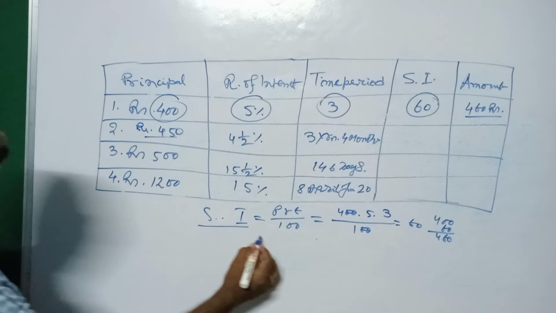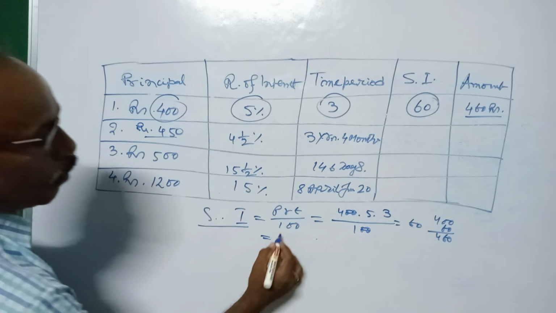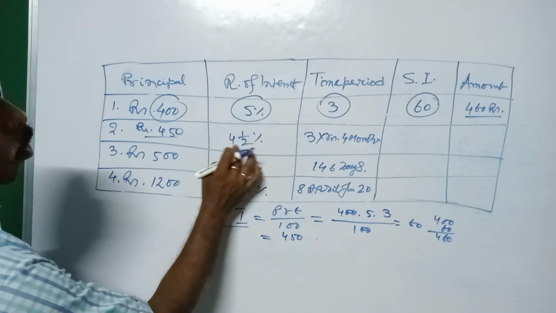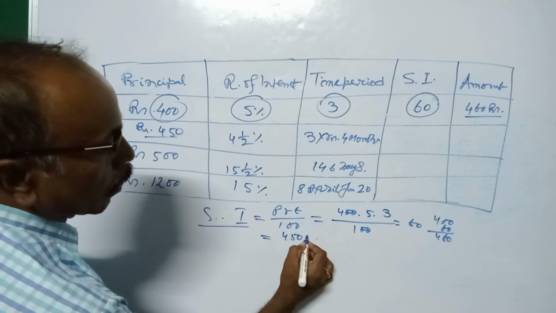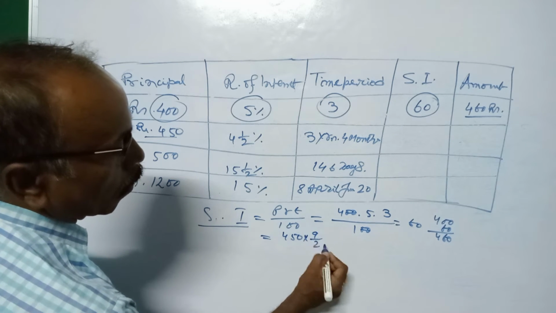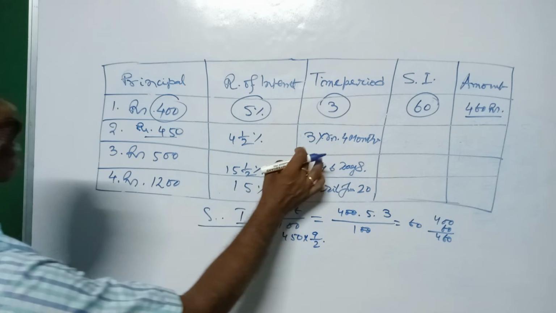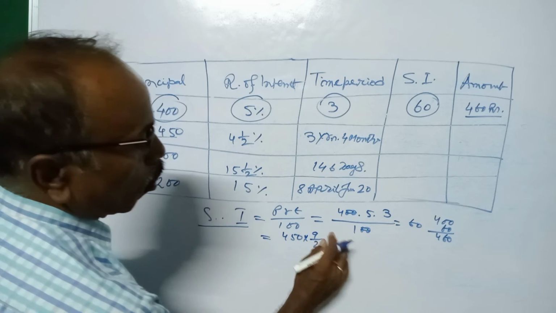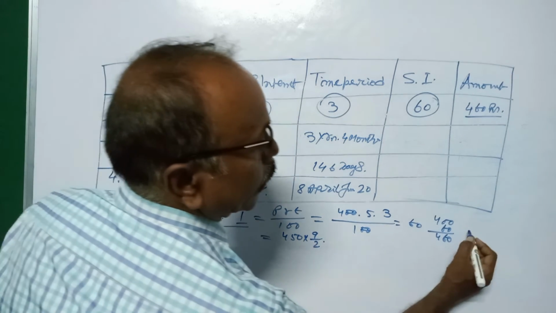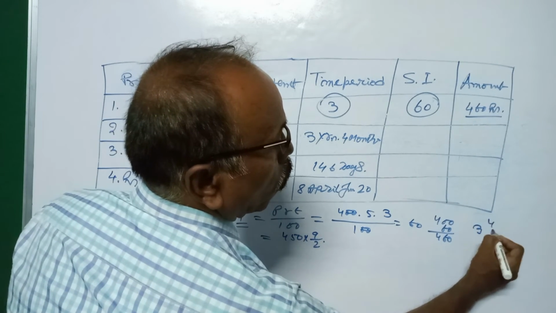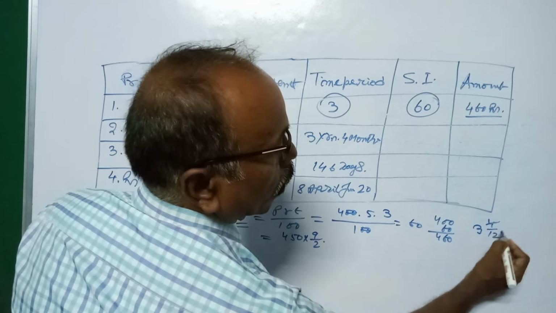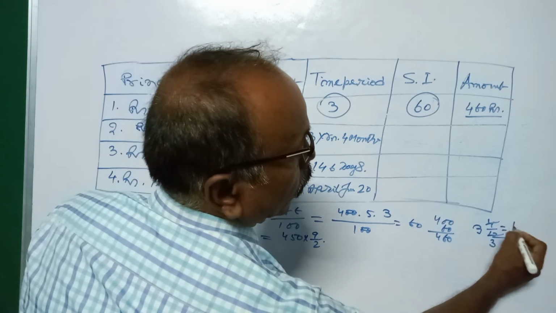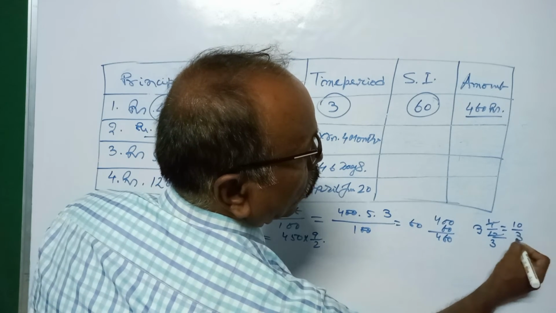you see P is 450, rate of interest 4 2s are 8 plus 1, 9/2, time period is 3 years 4 months. As 3 years, we also calculate it like this, 3 whole 4/12. Am I clear? 3 3s are 9 plus 1 is equal to 10 divided by 3.